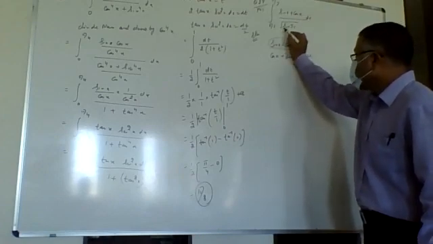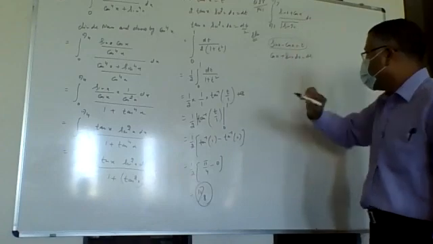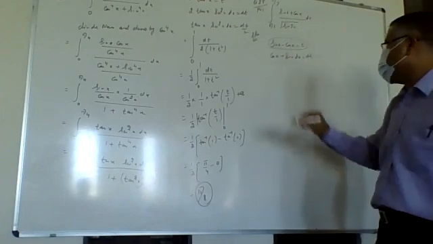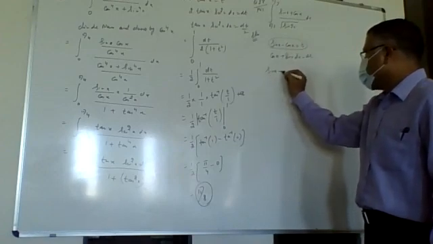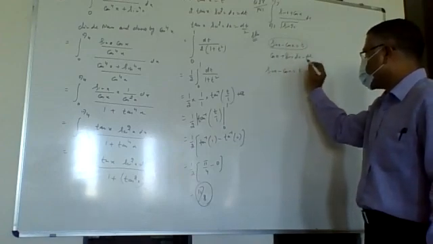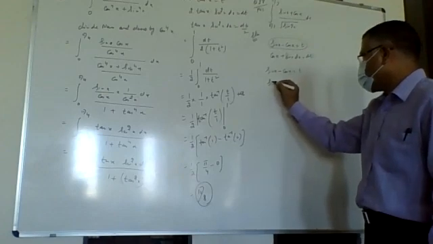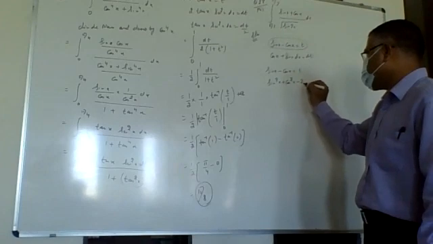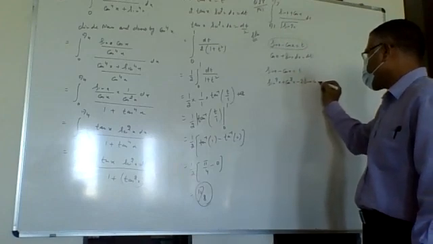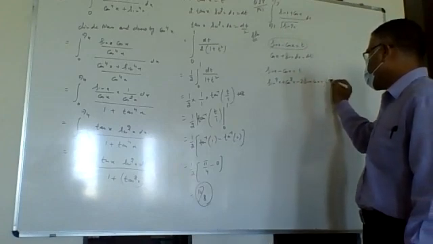But I have to convert sin 2x into this form. How I will convert, इसको देखो. Sin x minus cos x, if it is t, squaring both sides: sin square x plus cos square x minus 2 sin x cos x is equal to t square.